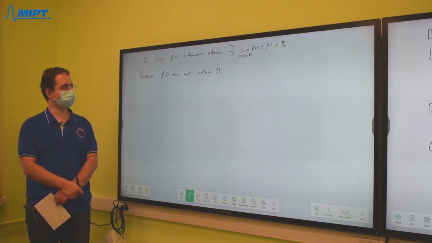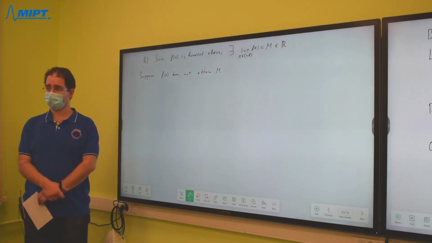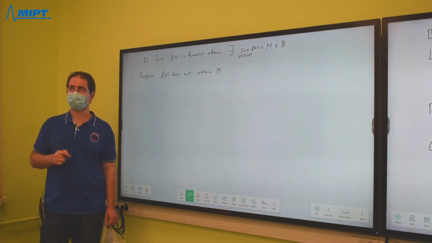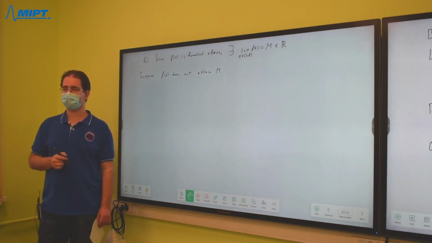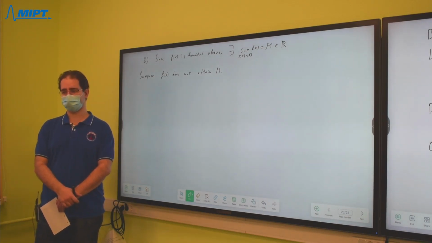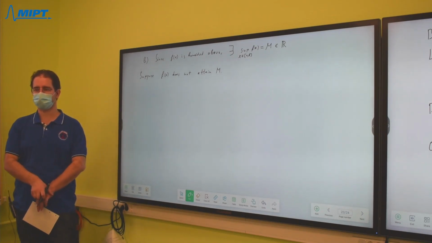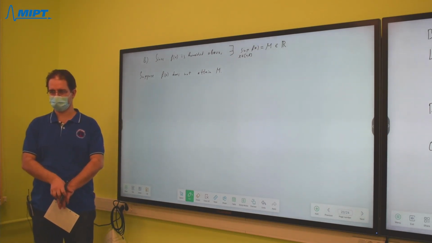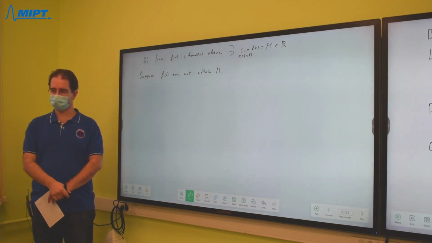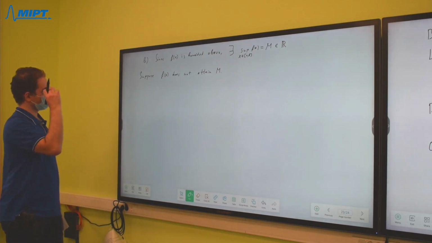And also we can construct similarly different examples. Let's for example look at a function f of x equals x on an open interval, say from 0 to 1. It doesn't attain either 0 or 1. So yeah.